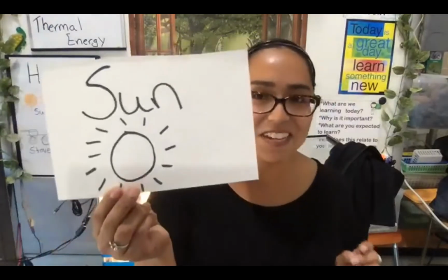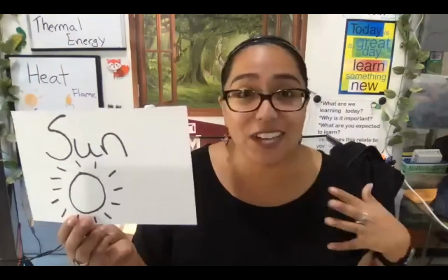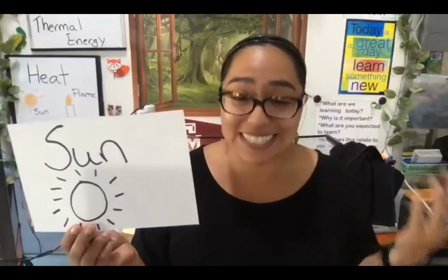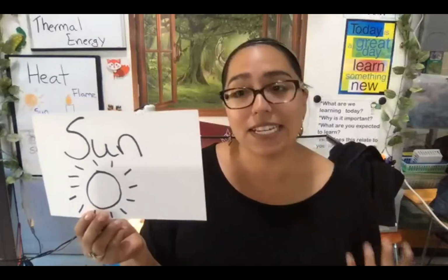So the next thing I wanna show you guys, we're gonna move on to one of the most important, in my opinion, sources of thermal energy, and that is the sun. We kind of touched on the sun with light energy. The sun actually can give off various forms of energy. It gives off light energy because it lets us see, but it also gives us heat energy because it keeps us nice and warm.